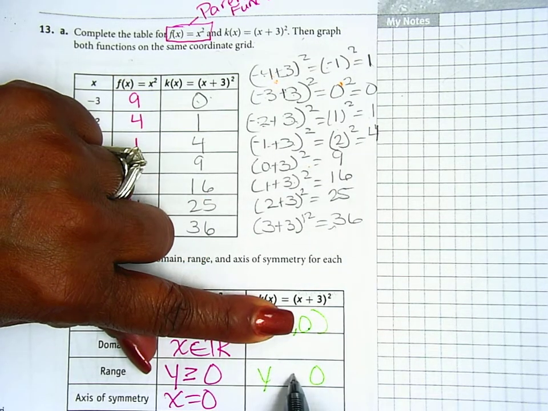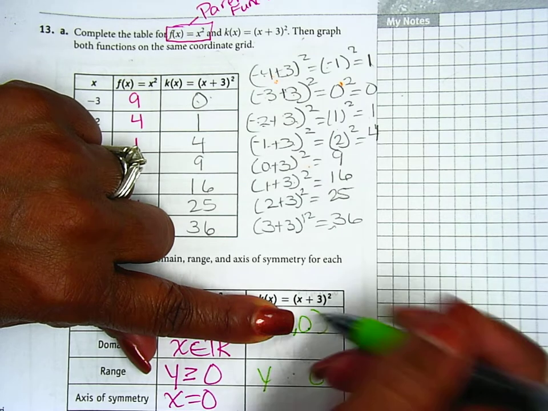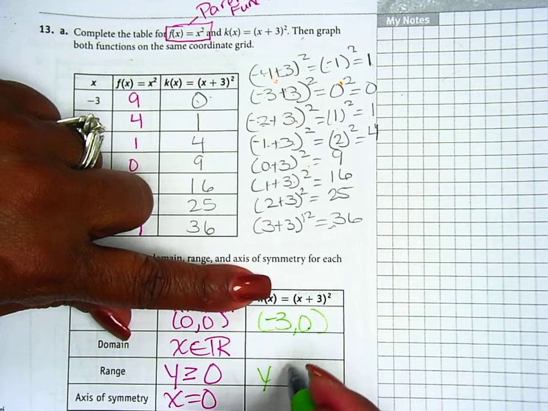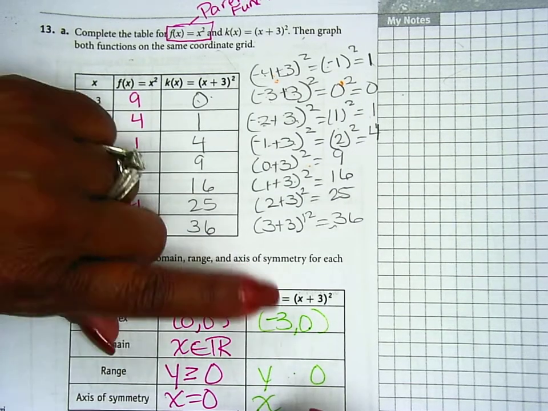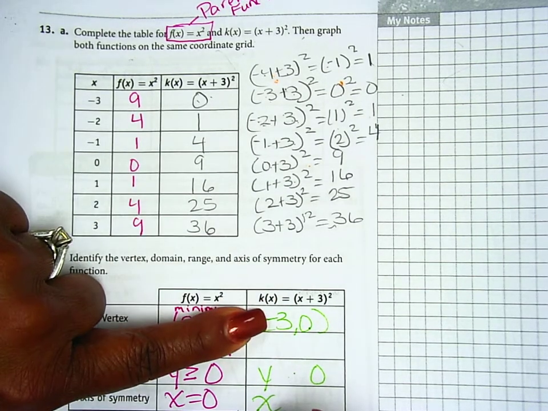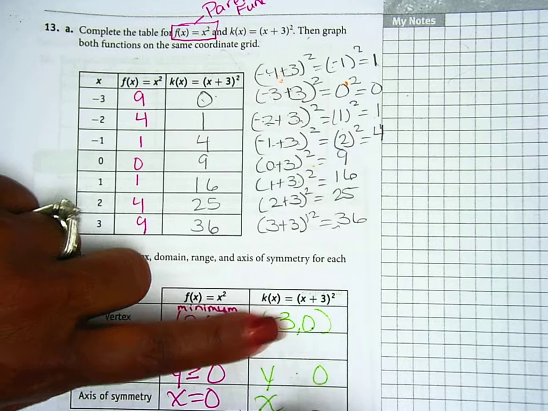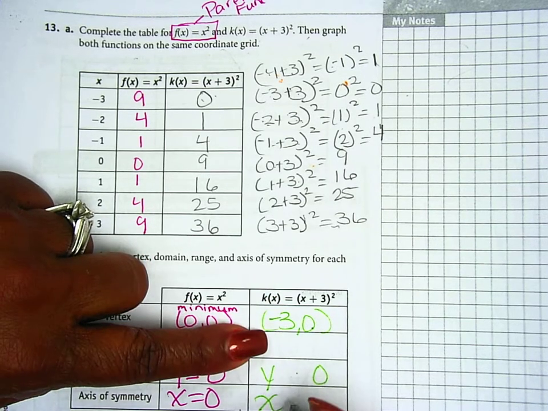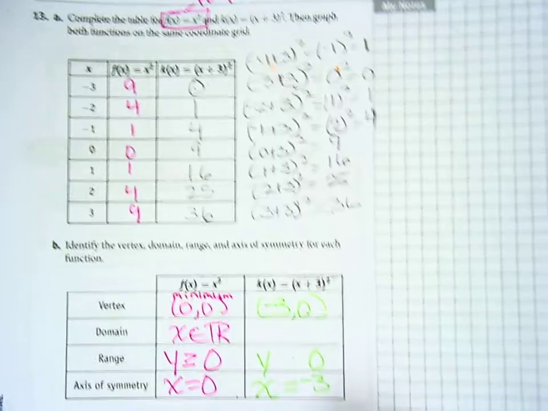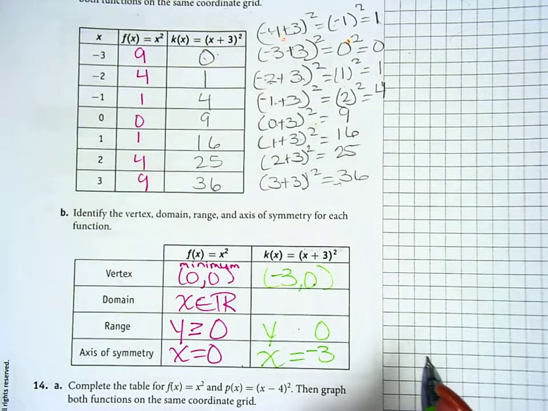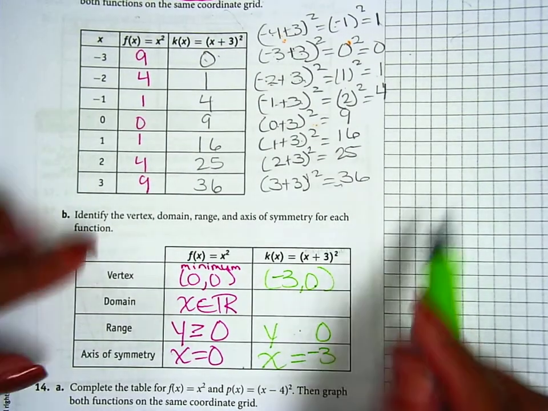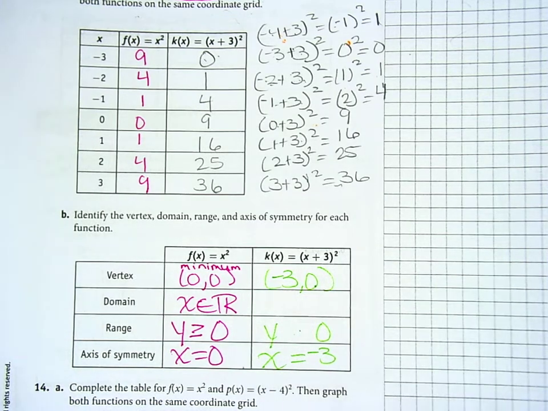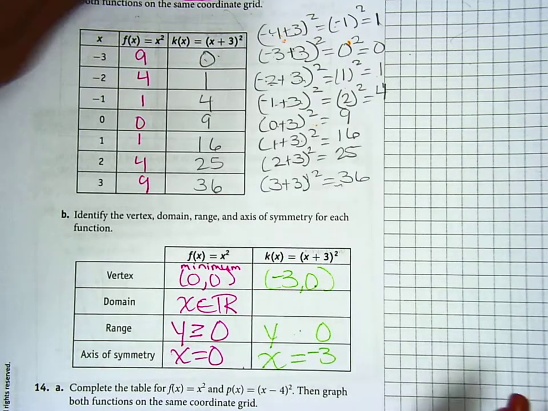If it opens upward, it's greater than or equal to. If it opens downward, it's less than or equal to. My axis of symmetry is the x value of the vertex, so that's x equals negative 3. So that's information I can get from the table. But you are going to have to fill these two in once you graph it to see if it opens upward or downward. So you do that and you compare.